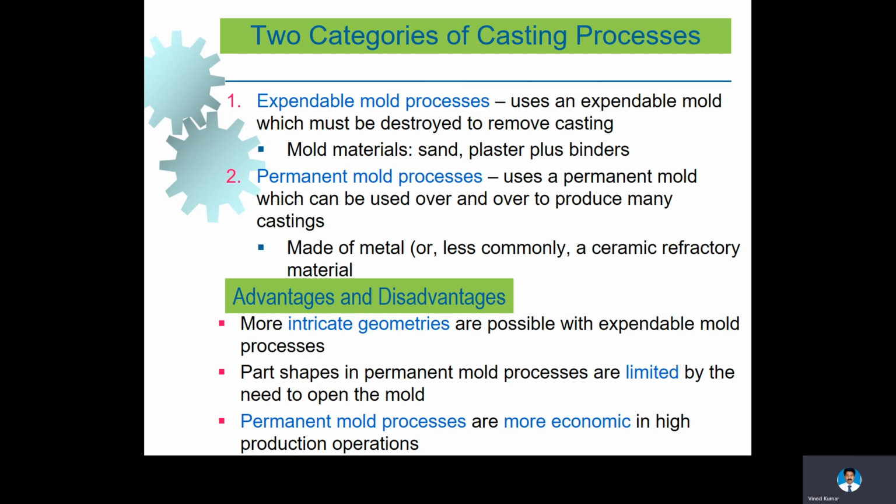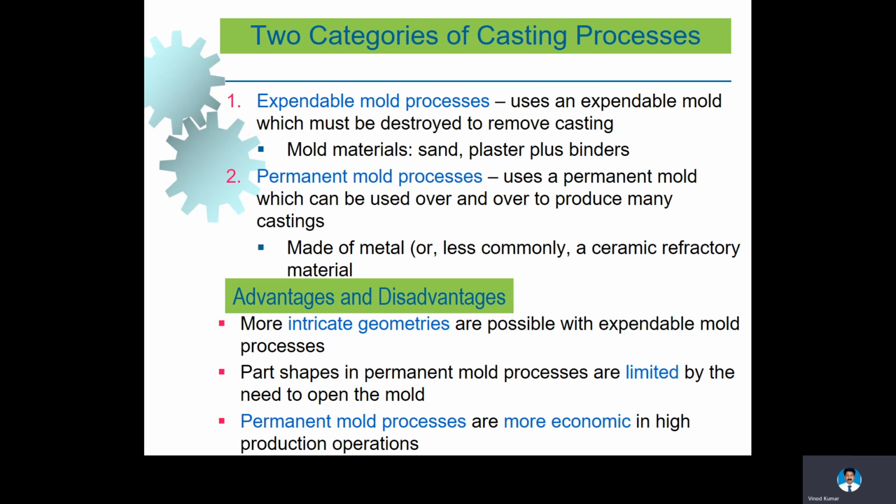So we produce a pattern made of wood or any other material, and this pattern will have a similar shape to the product to be produced, and also it is oversized. Why it is oversized is metal shrinks. Whenever we pour molten metal into a cavity, shrinkage allowance needs to be given.